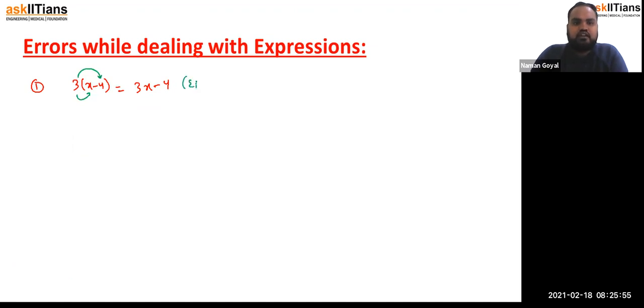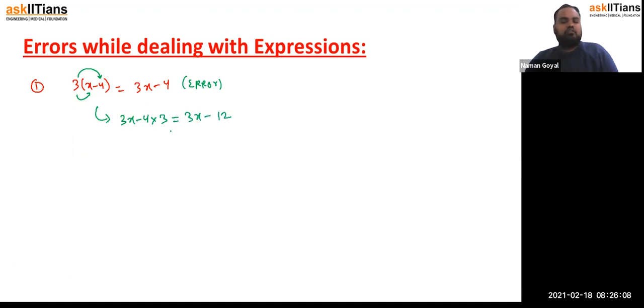So there is an error. Okay, what is the error? 4 is also going to be multiplied with 3. So the correct way is what? 3x minus 4 into 3, which is 3x minus 12. So we can make some errors while dealing with expressions. So we have to pay more attention while doing expressions. Okay, so this is the error, and this is the correct one.